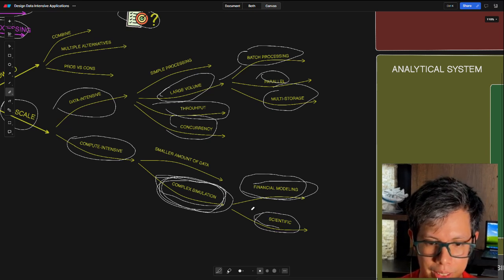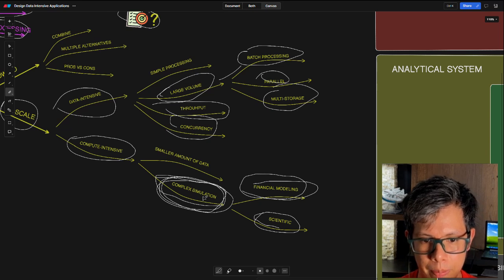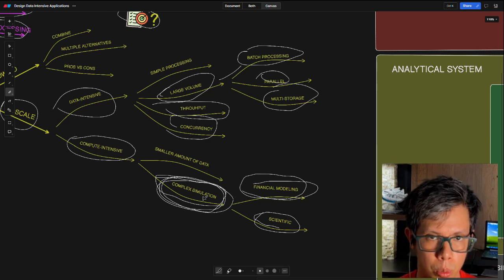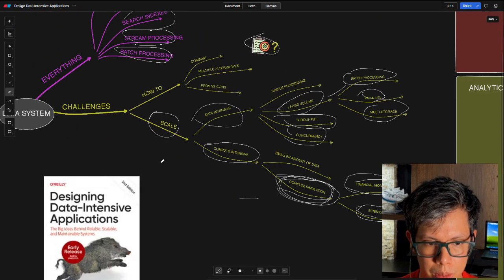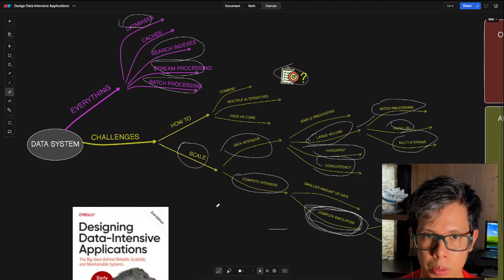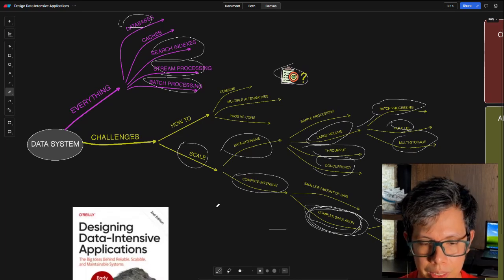So the complexity could be in the CPU, right? The processing of this data. So in general, you have to know this before going deep into the data system.